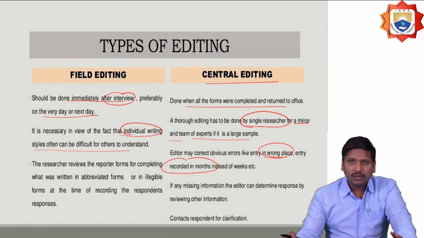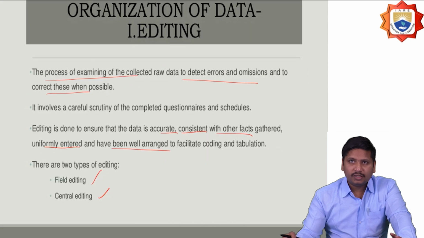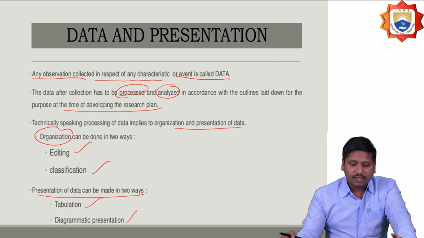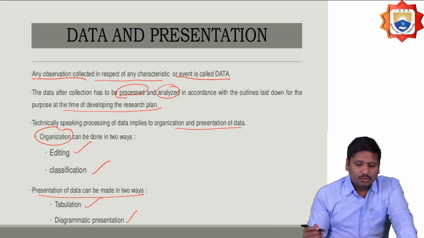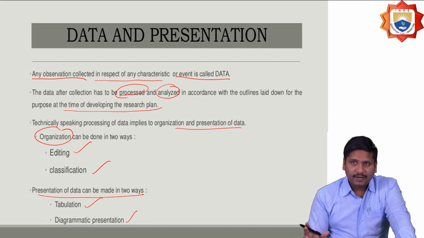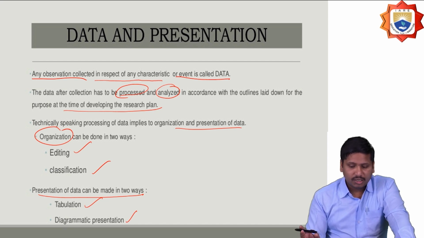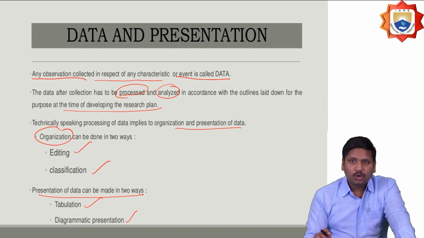So this should be about presenting the data. So what are the various types of presenting data, and in what way we are going to organize the data. So in this video what I said is what should be the data. So the data is nothing but an observed collection respective of any characteristic or event, that is nothing but the data. And this data is going to be processed and analyzed according to the outlines laid out for the purpose at the time of developing the research plan.